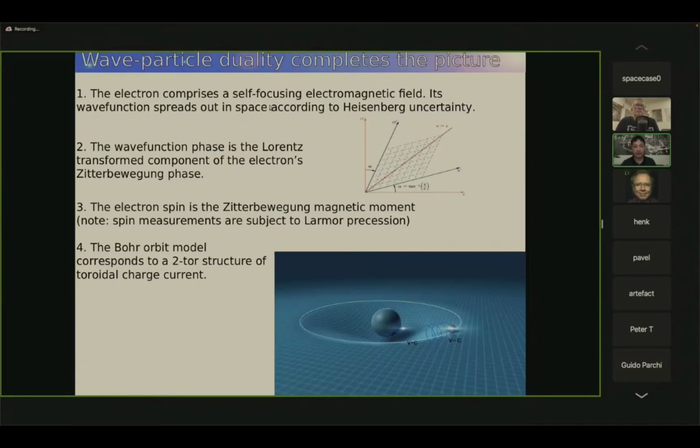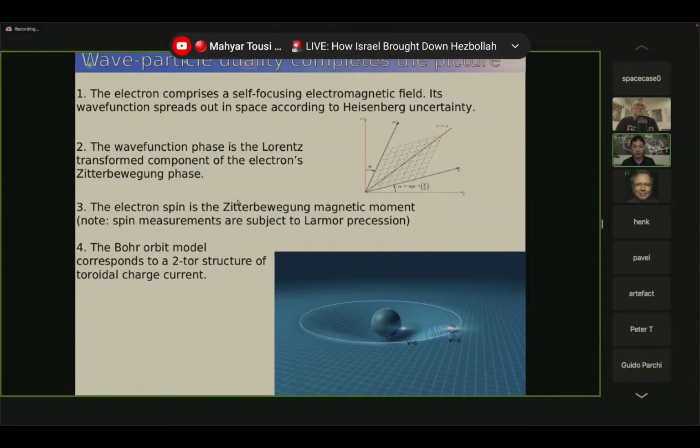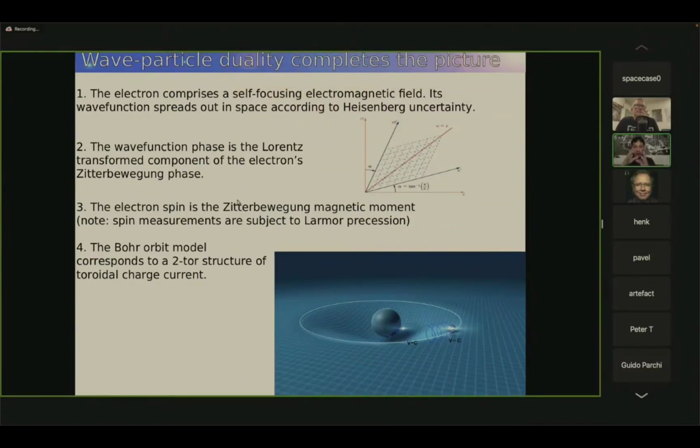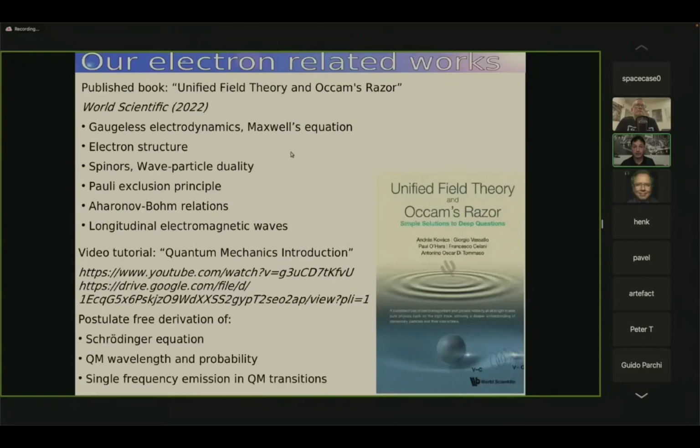Now we have a chance to derive those postulates and really understand the meaning behind quantum mechanics. So we can explore not only the electron's internal structure, but also the meaning of the quantum mechanical wave function. This is, in essence, what our toroidal electron model is.